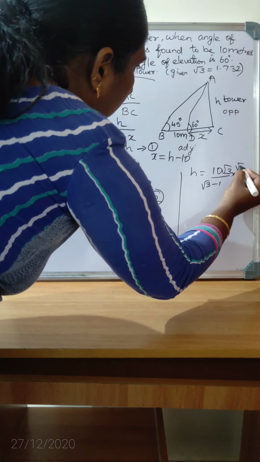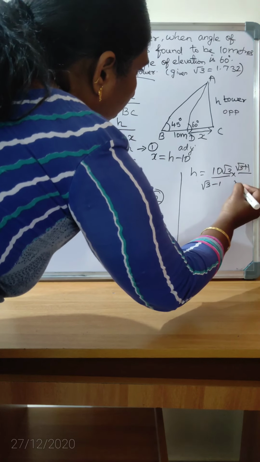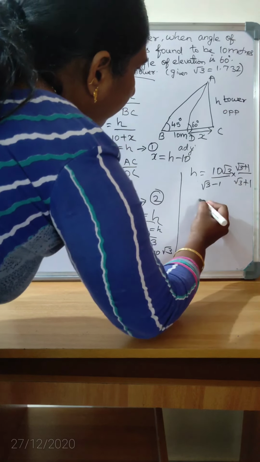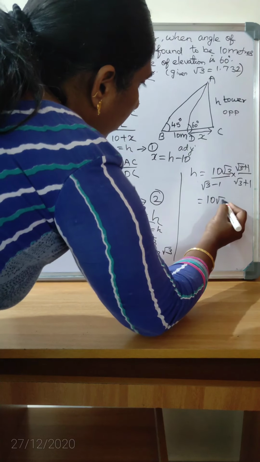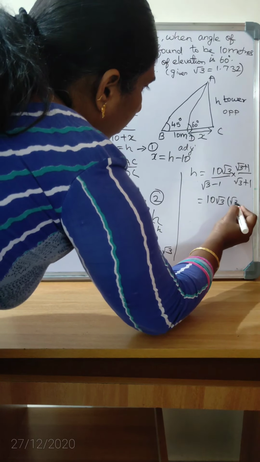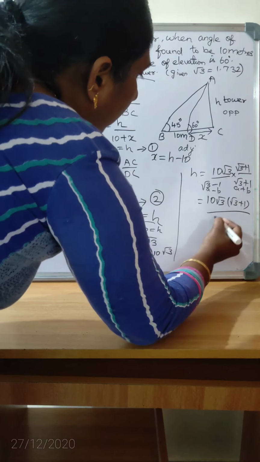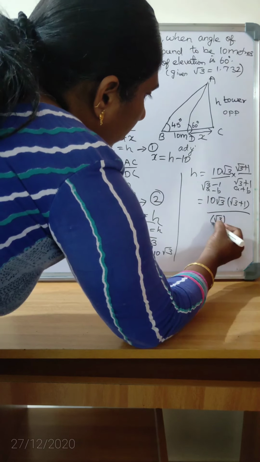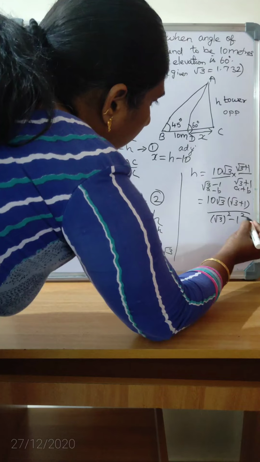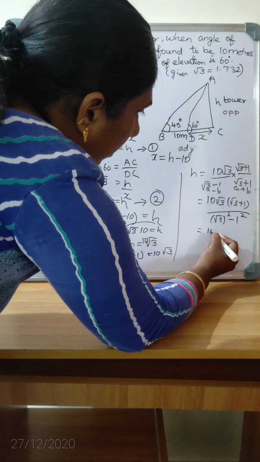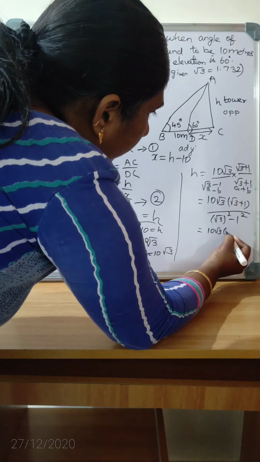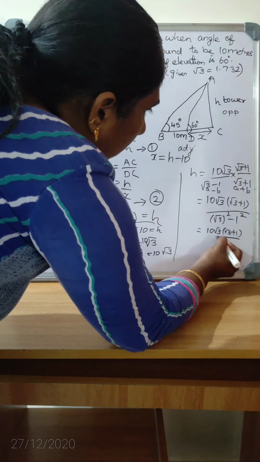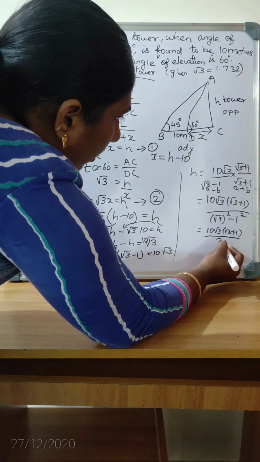I am going to rationalize the numerator and denominator. So this is a minus b, a plus b, so a square minus b square. So 10 root 3 plus 1 divided by 3 minus 1, which is 2.